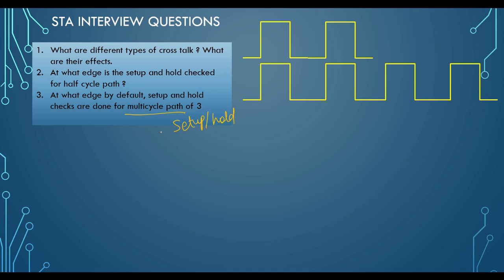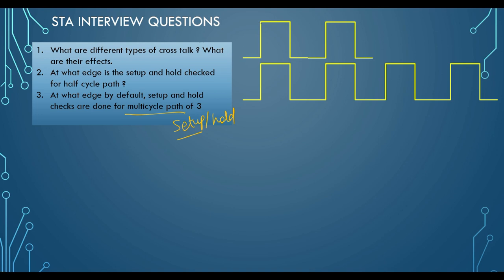By default, the tool will not make an assumption, we have to specify. Generally it is specified for setup initially. So let's say the interviewer has said that it is a multi-cycle path of 3 for setup constraint, so we have to tell at what edge setup and hold checks are done for that particular constraint.